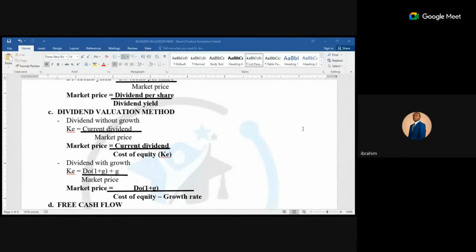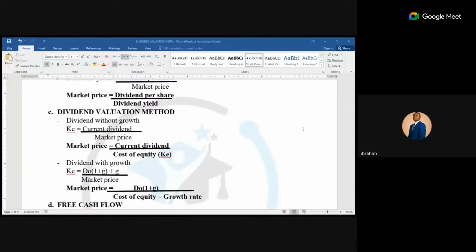Market price equals the dividend over the cost of equity minus growth rate. You have the market price. When you multiply it by the number of shares, you have the value of the company. Class.